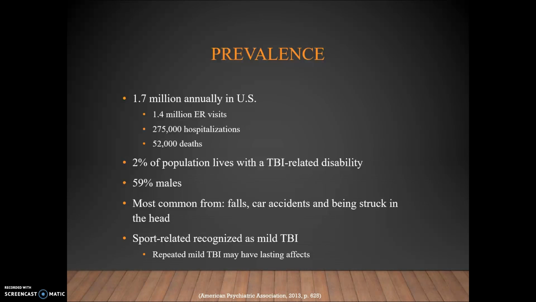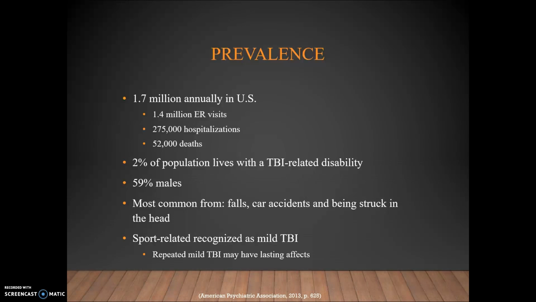which is why it's again important to recognize that although the talk that has been surrounding traumatic brain injury has been with contact sports and professional sports, it is not always the case. So 2% of the population in the United States lives with a traumatic brain injury related disability, and 59% of those are male, so it's pretty even between males and females.